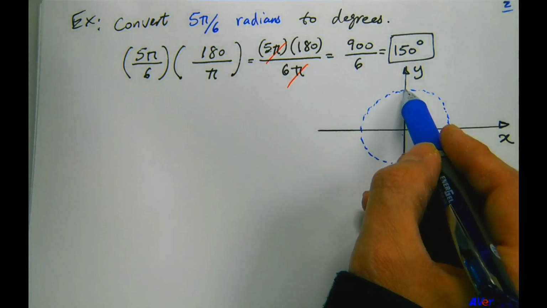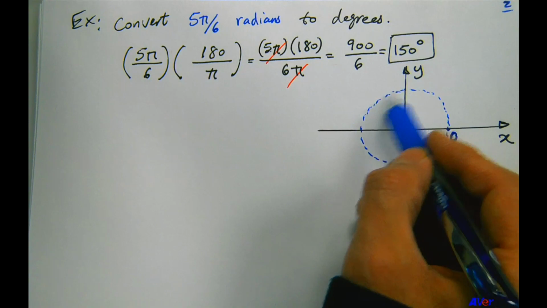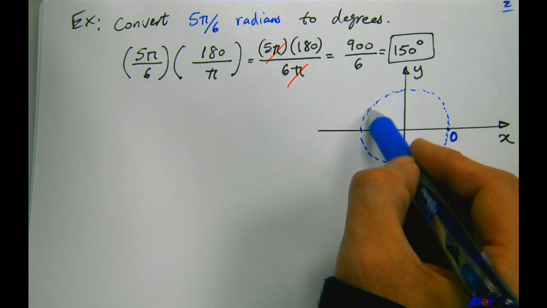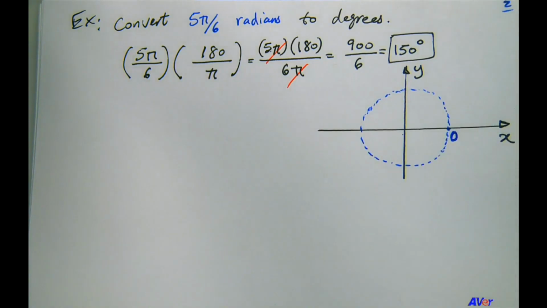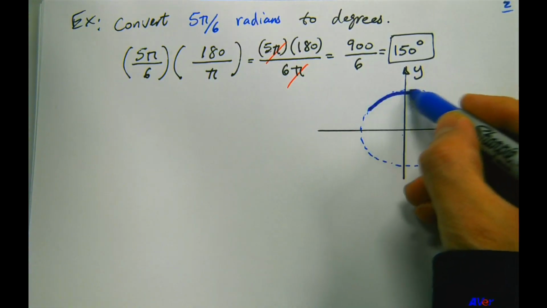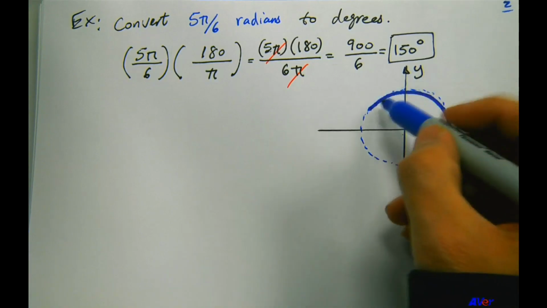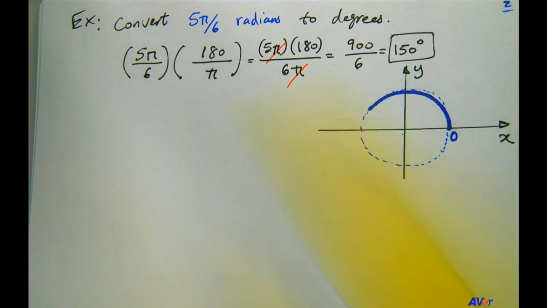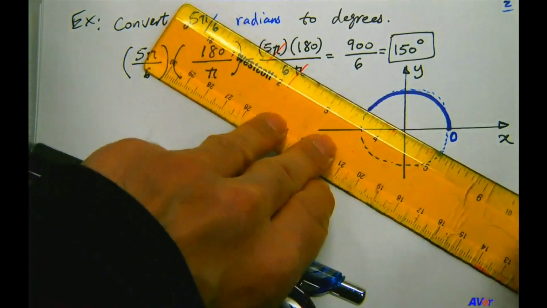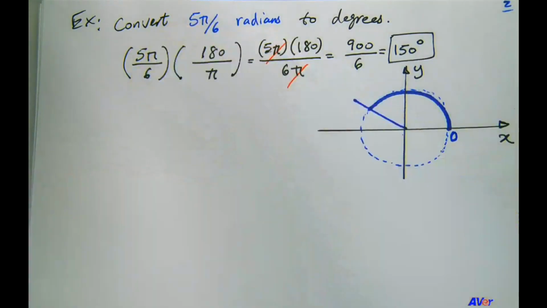If this is 90 degrees, add another 60 degrees to it, so it'll be somewhere here. In other words, the angle would be like that. So if we trace this angle, it would be in the second quadrant.